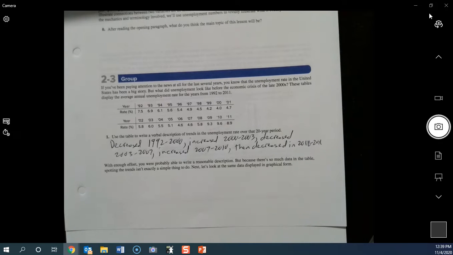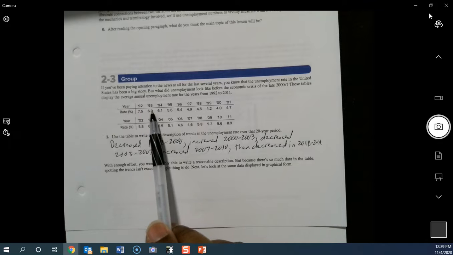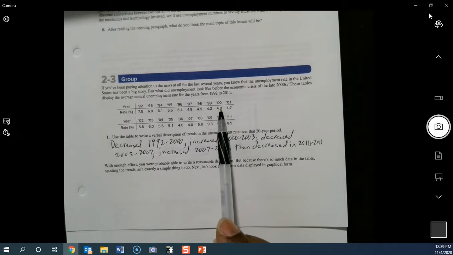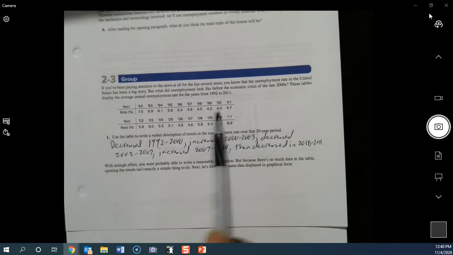Okay, now it says with enough effort, you are probably able to write a reasonable description. But because there's so much data in the table, spotting the trends isn't exactly a simple thing to do. Next, let's look at the same data displayed in a graphical form. Now, one thing I do need to show you is this here. I said that things decreased from 92 to 2000. If you notice, from 92 to 2000, it steadily went down, and then it started going up in 2001.